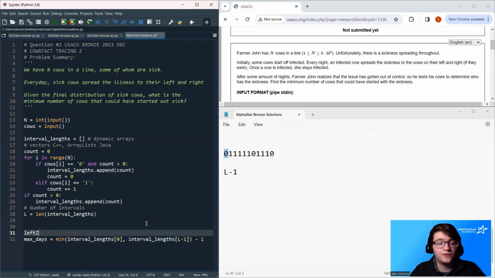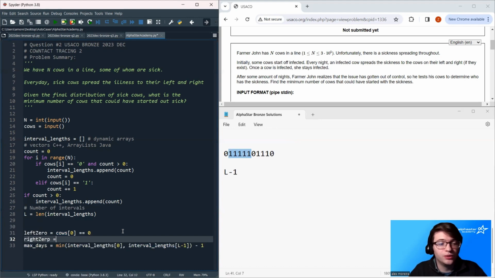So we're going to do left 0 is equal to cows[0] == 0, right? So if this is true, that means there's a 0 to the left of the leftmost interval. And right 0, if this is true, then that means that there's a 0 to the right of the rightmost interval, right?